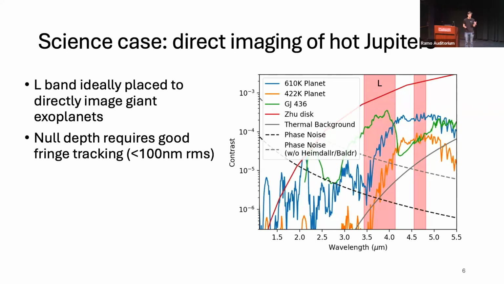However, at short wavelengths, you've got higher effects from phase errors. And so the L-band is quite nicely placed here to do this. However, to make a convincing detection, you need a fringe tracker and an adaptive optics system, which you can see in the difference in the 2 dashed lines there. And you need a fringe tracking down to about 100 nanometers RMS to do this well.